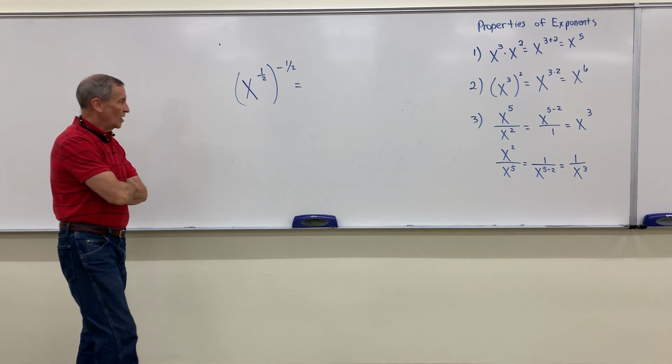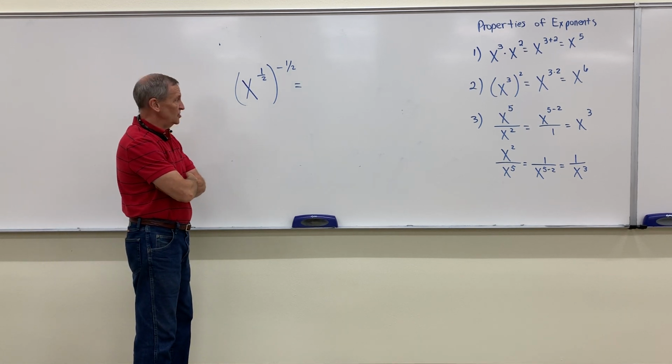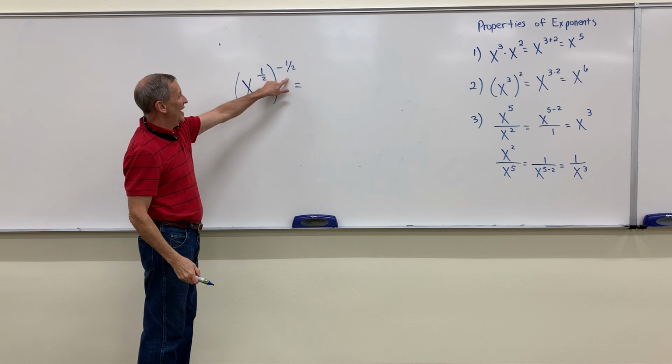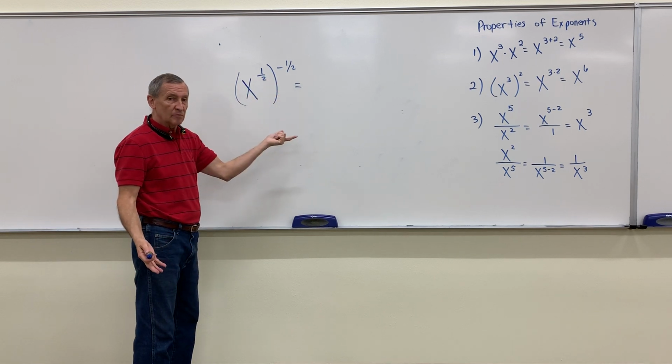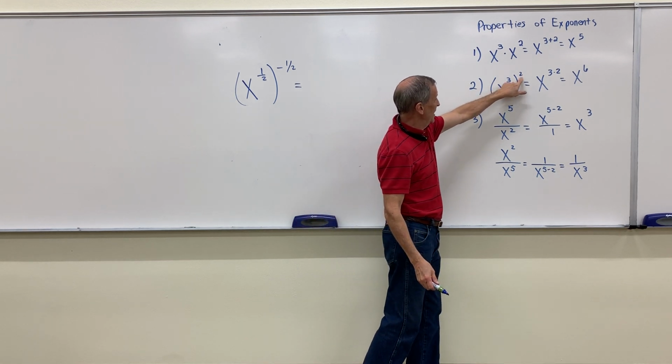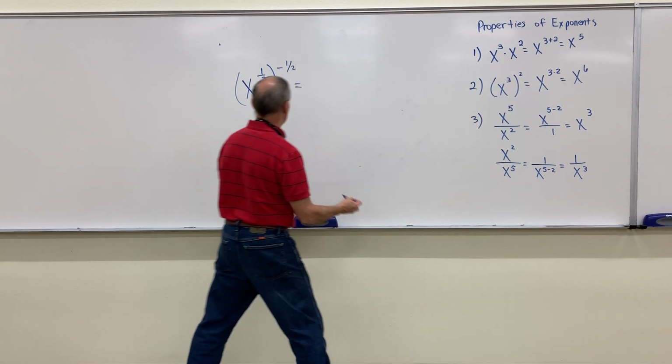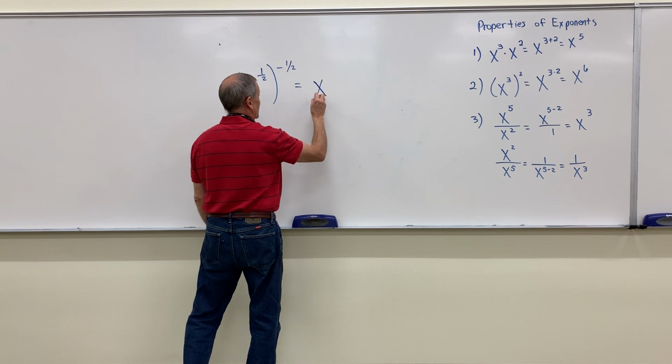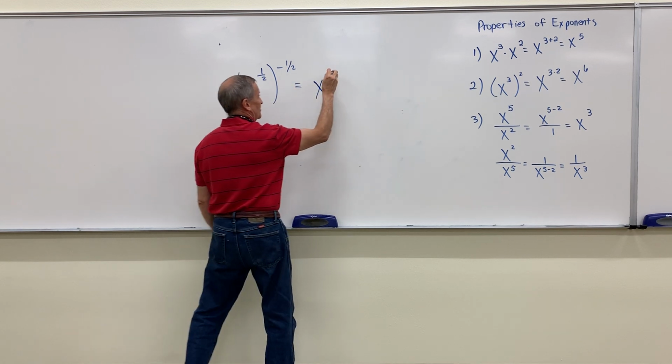Now you may recall me suggesting, it's just a suggestion, that anytime you have a power to a power, go ahead and multiply your exponents. That's what I got here, power to a power, I multiply my exponents. So it's going to give me 1/2 times negative 1/2.